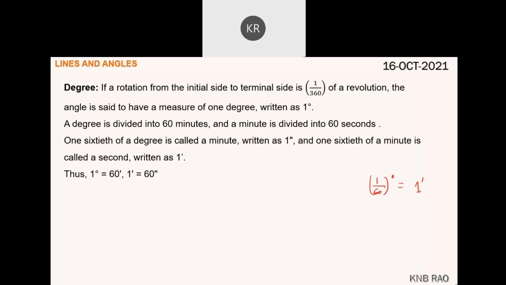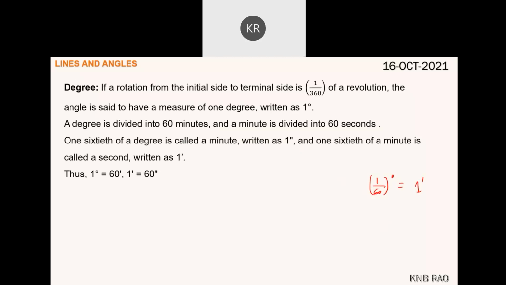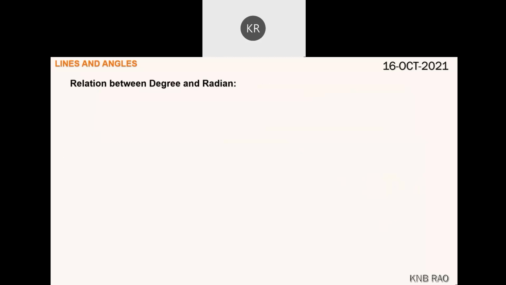1 minute is 60 seconds, and the relation between degrees and radians, this is a table. 2 pi radians is 360 degrees, pi radians is 180 degrees. It's something like a unitary method. Pi radians equals 180 degrees, means 1 into pi; pi, if it comes here, does division.